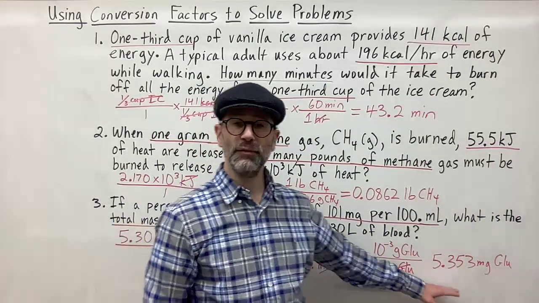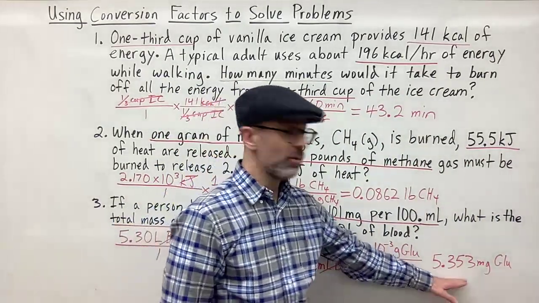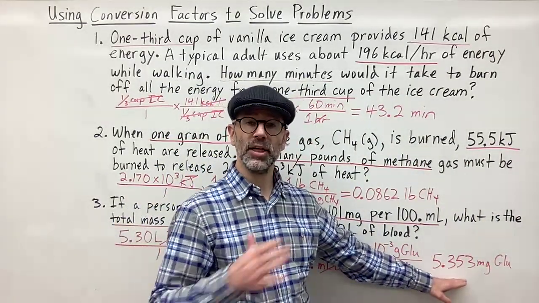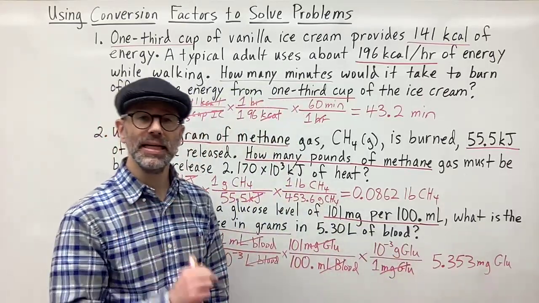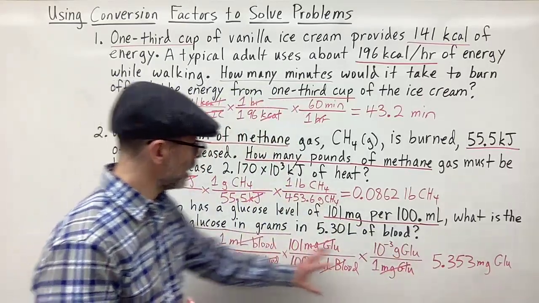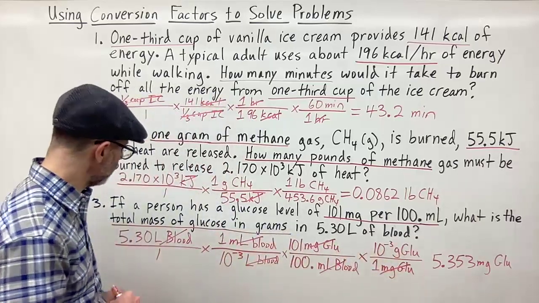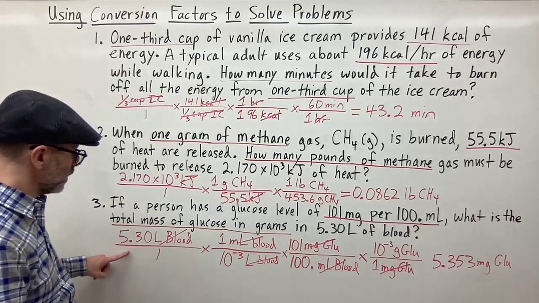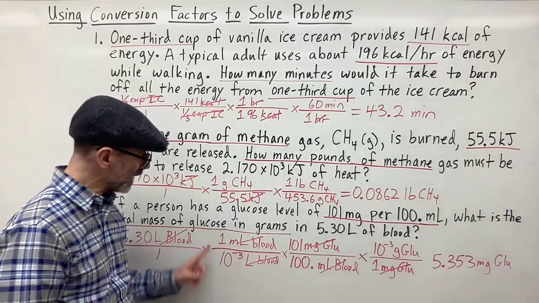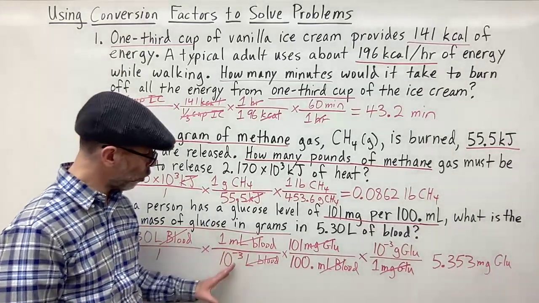And let's check our sig figs here. So remember, when we're multiplying and dividing, the number of sig figs in our answer should be the same as the least number of sig figs in the measurements we are multiplying and dividing. So here we have 3 sig figs. Here we have an exact relationship, so that's going to be ignored.